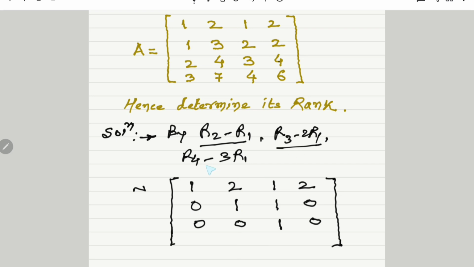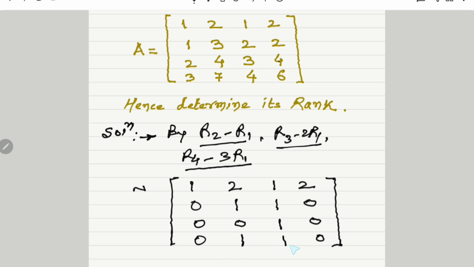Then fourth row is obtained by R4 minus 3R1. Therefore 3 minus 3 times 1, 3 minus 3 we get 0, 7 minus 3 into 2, therefore 7 minus 6 we get 1, 4 minus 3, 4 minus 3 we get again 1, and 6 minus 3 into 2, 6 minus 6 we get 0.